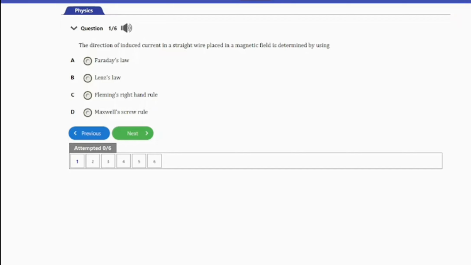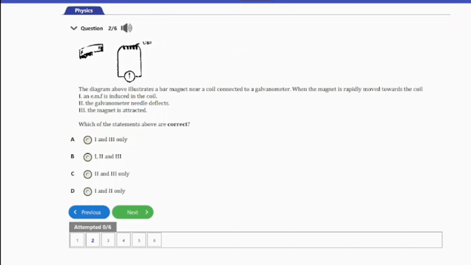Let's go ahead and consider the next question. So that's question number 2 here. It says, the diagram above illustrates a bar magnet near a coil connected to a galvanometer. When the magnet is rapidly moved towards the coil, an EMF is induced in the coil. The galvanometer needle deflects.